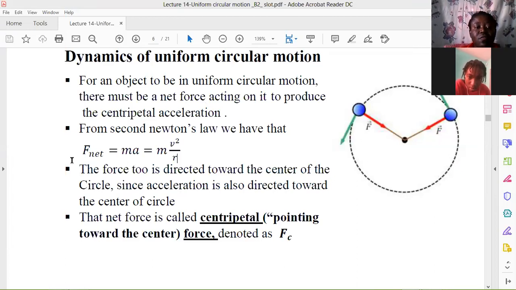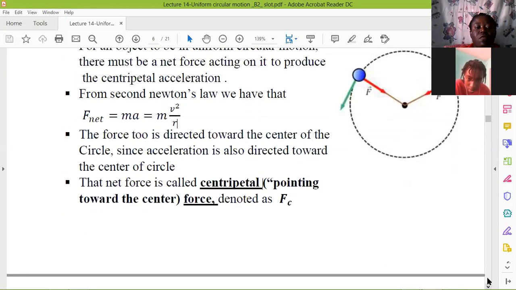So from our definition, the direction of the force and the acceleration is the same. It means the direction of the force is also towards the center of the circle. We call that force the centripetal force, and we denote it with F_C, just to distinguish it from the other forces.